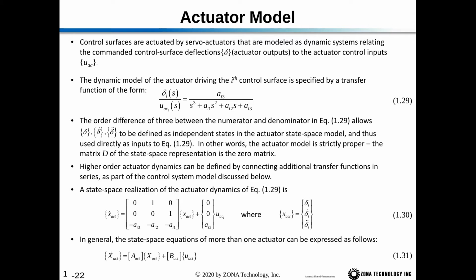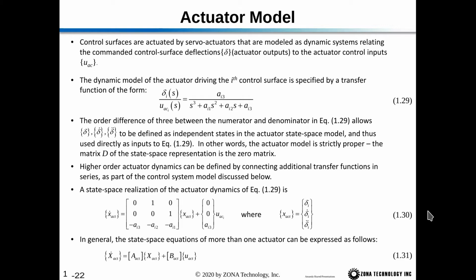Now, if you want a higher order actuator to be modeled in ZAERO, this can be defined by connecting additional transfer functions in series as part of the control system model discussed below. Now, if we take a state space realization of the actuator dynamics of equation 1.29, that is given in equation 1.30.